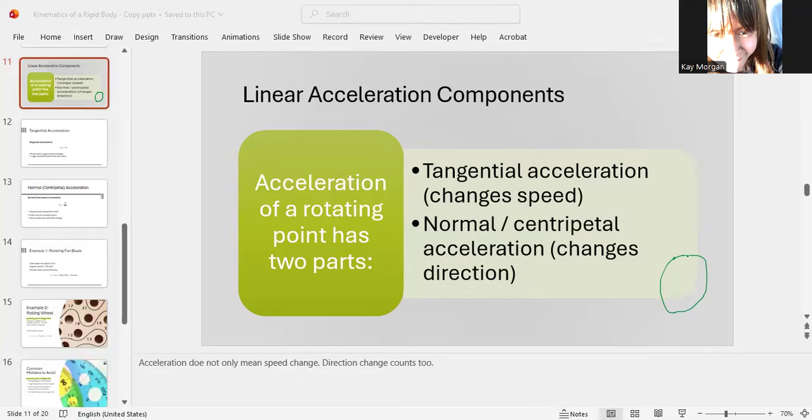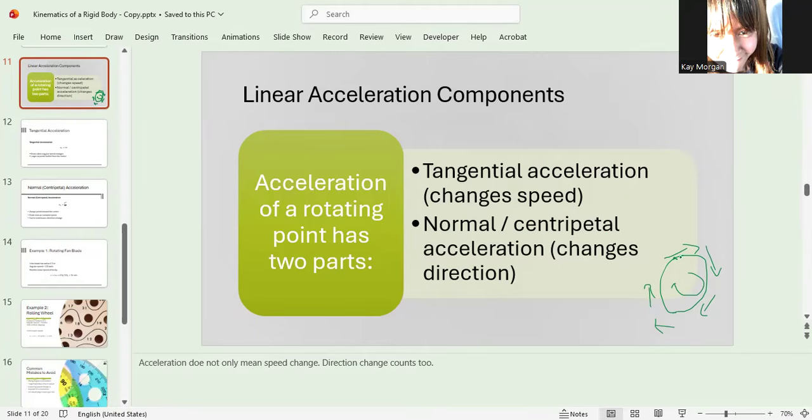So what it means is, if you think about this and you're rotating that way, or the opposite direction, it doesn't matter, in this example we just want to rotate like that. So the direction changes like that as you rotate over and over again. And of course, we split the acceleration of that point into two.